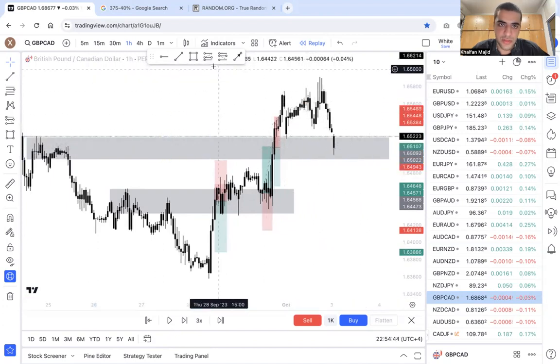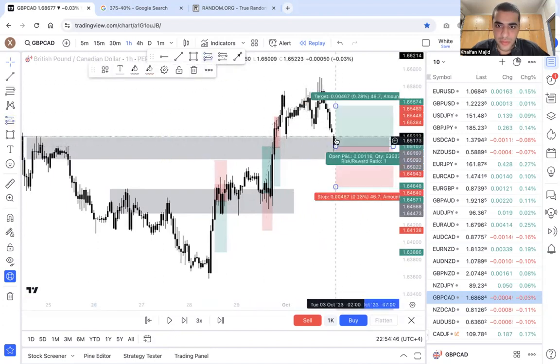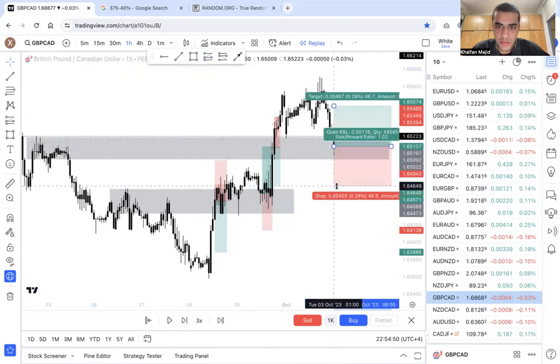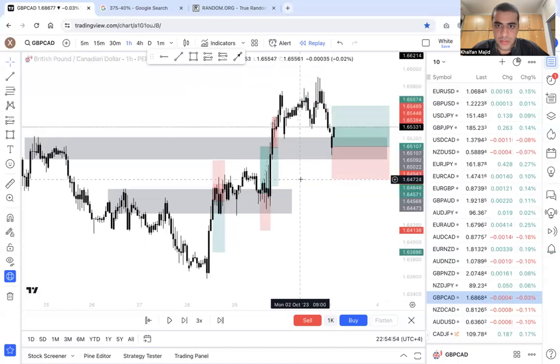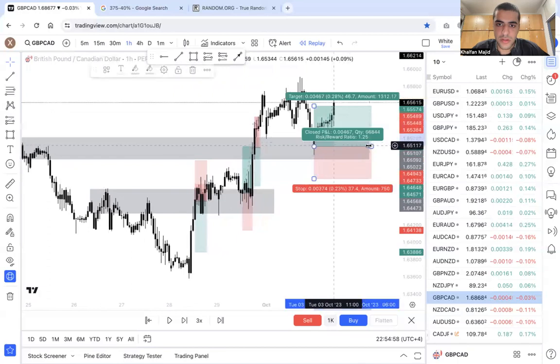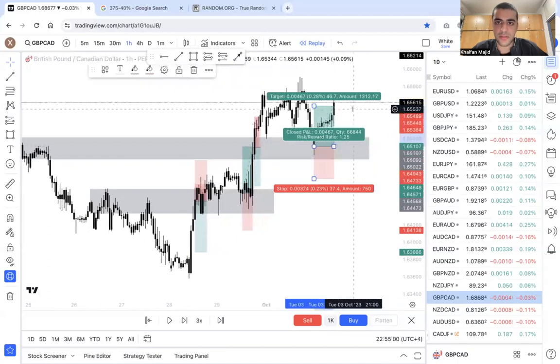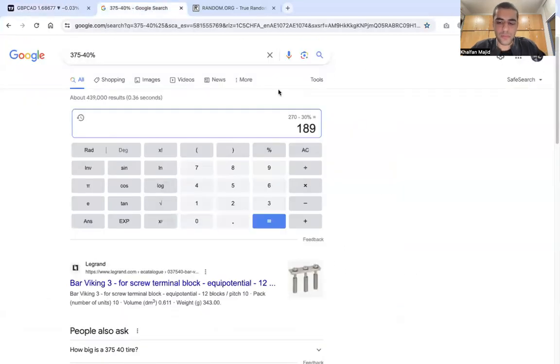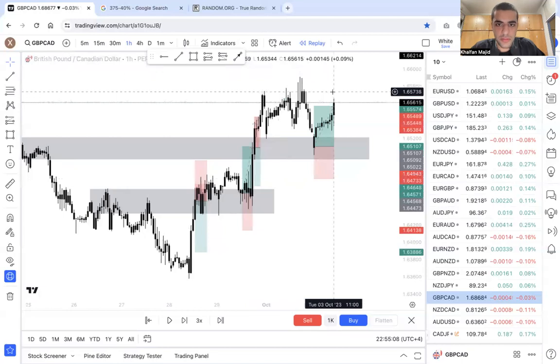Yeah, break and retest in the middle of the zone, to be completely fair. Okay, plus 40%, 50% I mean, 83.